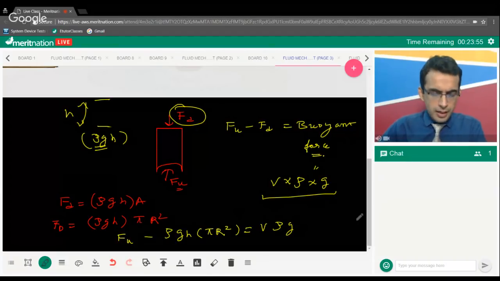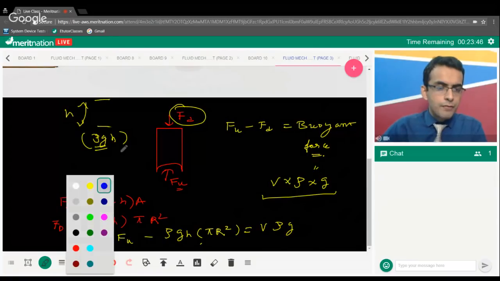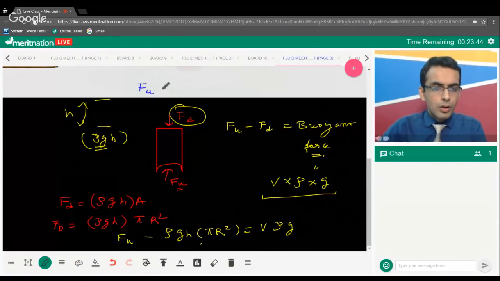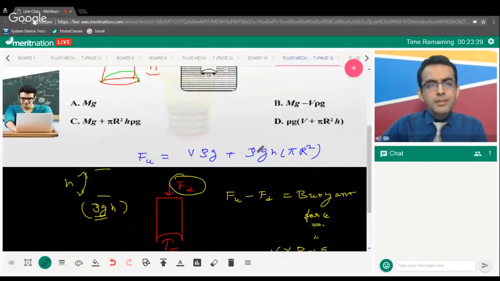From here you can understand that Fu is equal to V rho g plus rho gh into pi R square. Okay. So you can see option D is the one that we have to choose here.